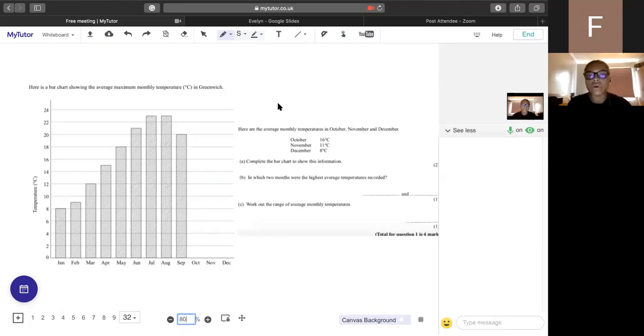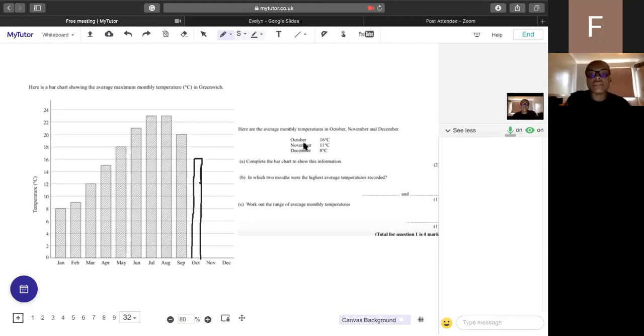So here for October, we want to make sure that it reaches 16. So we will use a ruler when you are doing this in an exam, and you will do the same with bars which go up to 16 and have the same equal spacing as all the other bars in the graph already have.